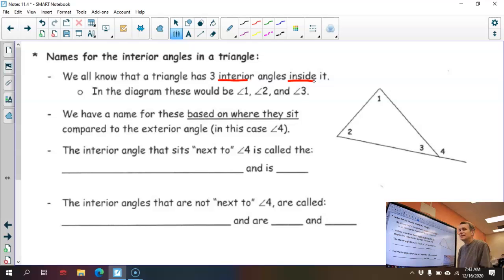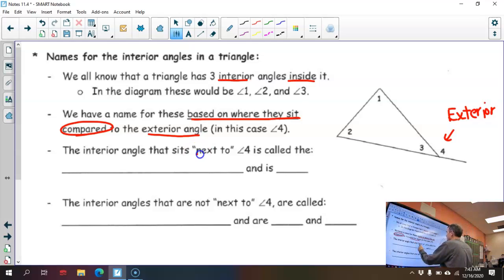So we're going to take these 3 interior angles, and we have a special name for each one, based on where they sit compared to the exterior angle. So in this case, of course, angle 4 is the exterior angle.